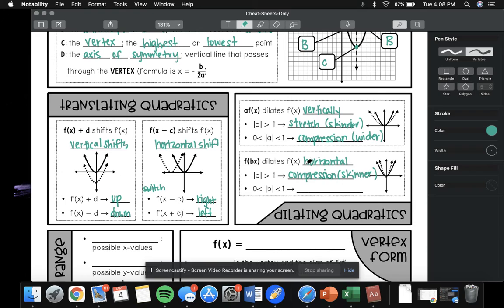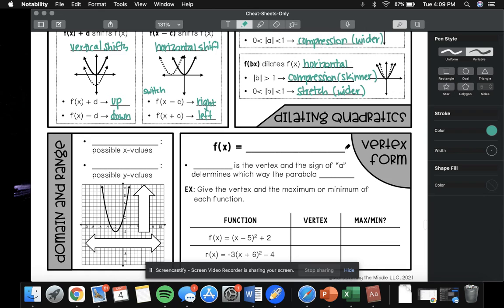And then if I have a b value that is in between 0 and 1, that would be a stretch. I'm stretching it horizontally, which actually makes it wider. Again, I would make sure you try to write that down.